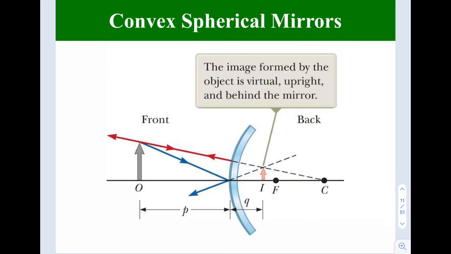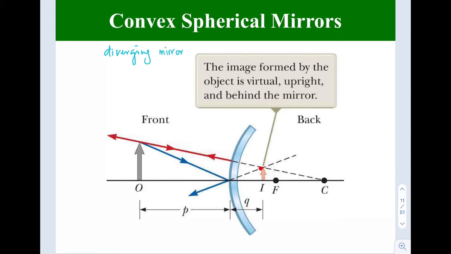For a convex spherical mirror, the image formed of the object will be virtual, because it's at the back, and upright, and behind the mirror. The convex spherical mirror is also sometimes called a diverging mirror, because the rays from any point on an object diverge after reflection as though they are coming from some point behind the mirror.